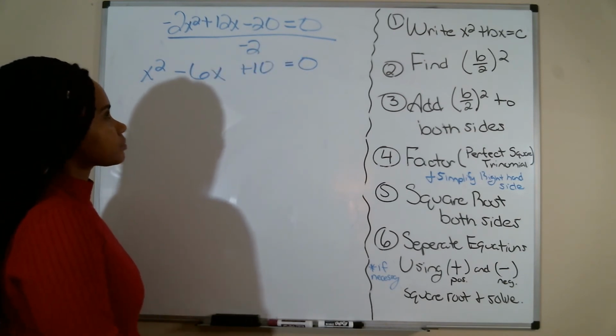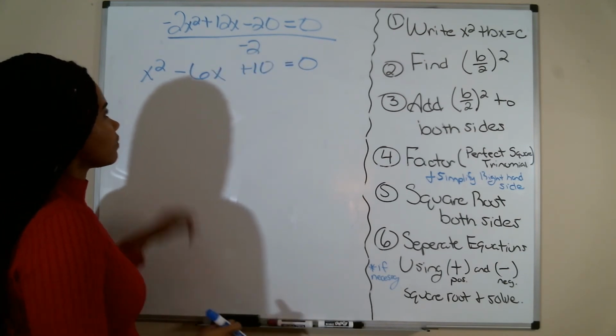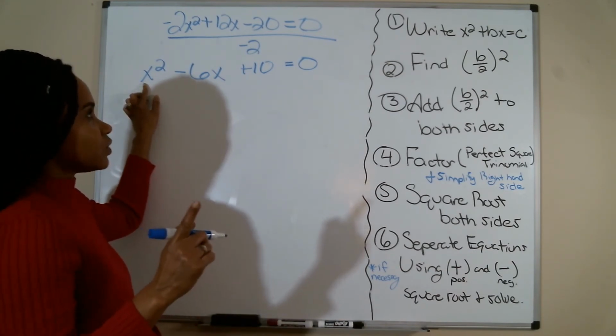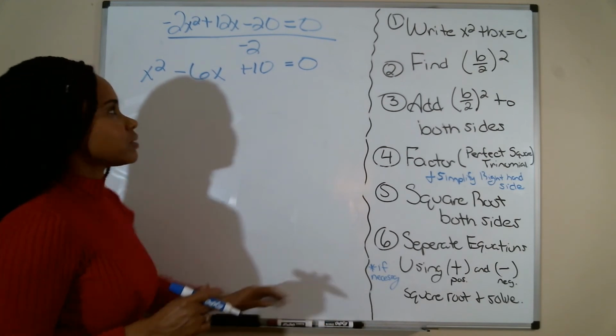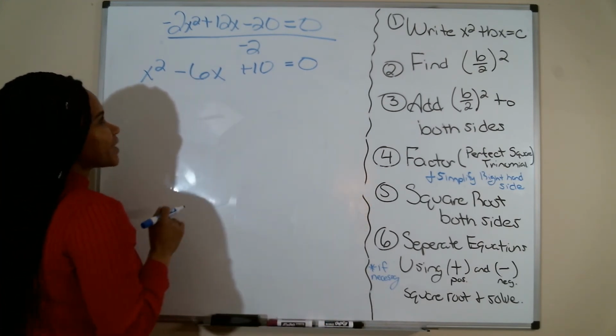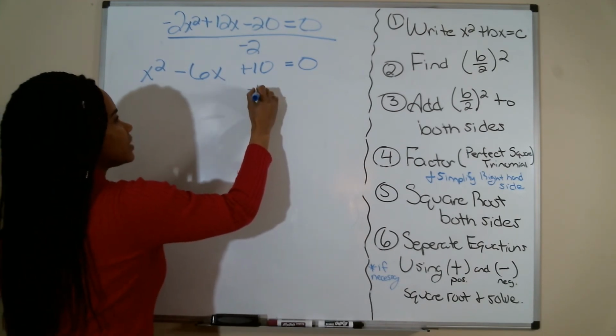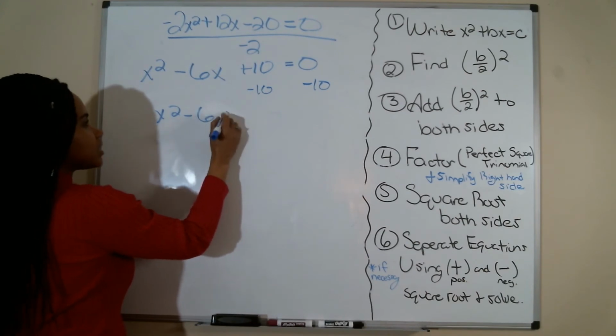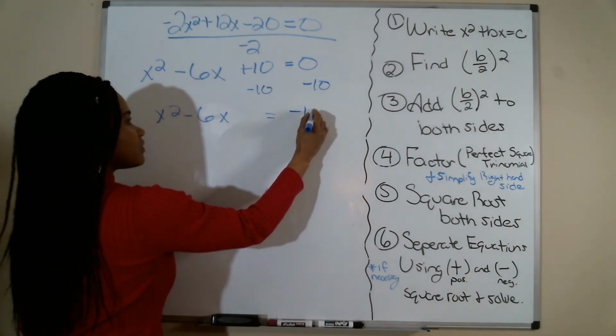All right. Now, I have the equation where I have my x squared by itself, or just 1. And then I just follow these same steps. I'm going to get a different type of answer, so pay attention. I'm going to subtract 10, which is my c. x squared minus 6x is equal to -10.